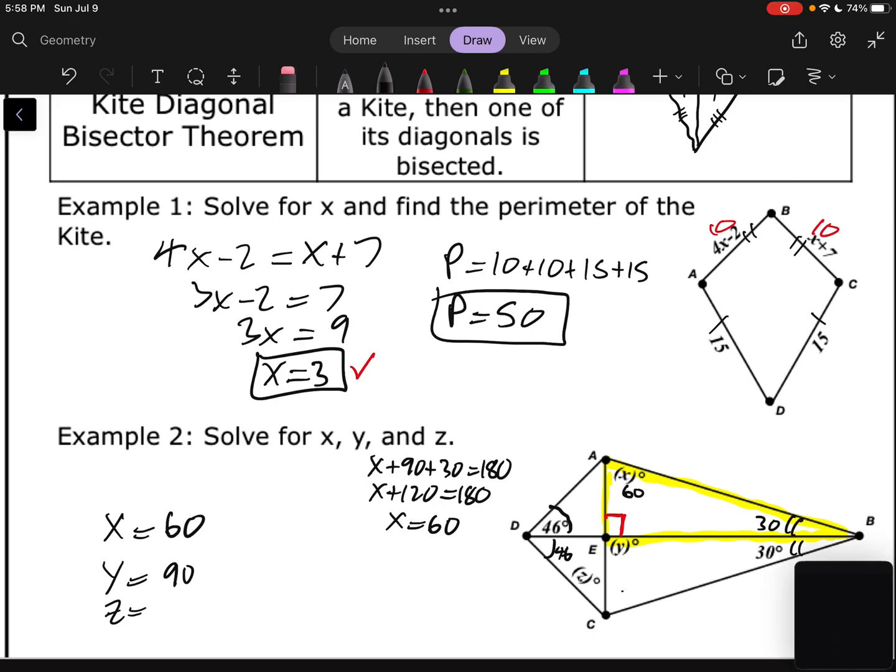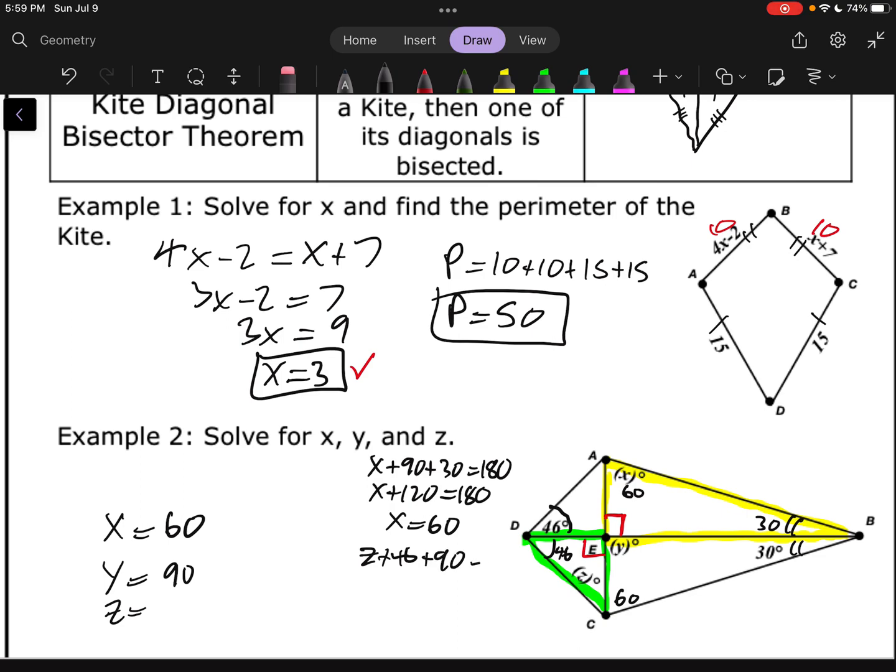That does mean that this angle is also 60 over here, if we wanted to know that. And then what I can do is the same thing, but down here with this triangle, because z is part of a little right triangle. So I could say that z plus 46 plus 90 equals 180.